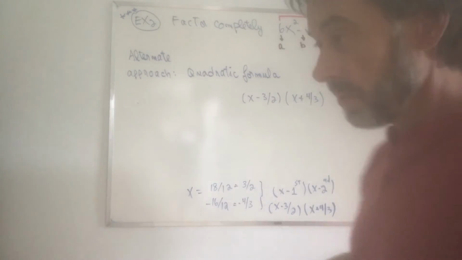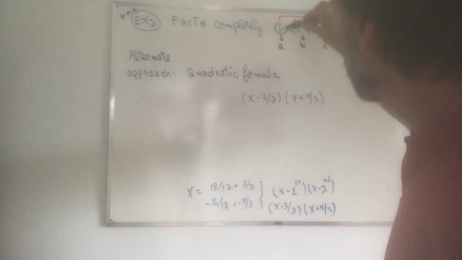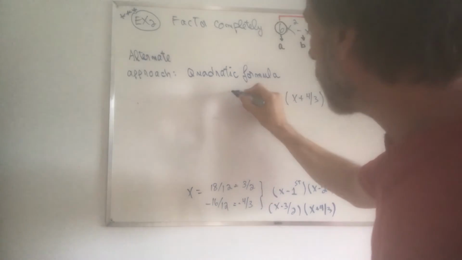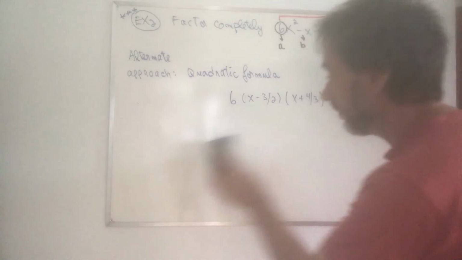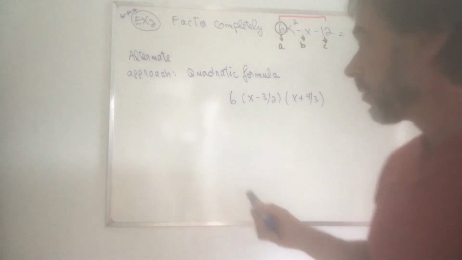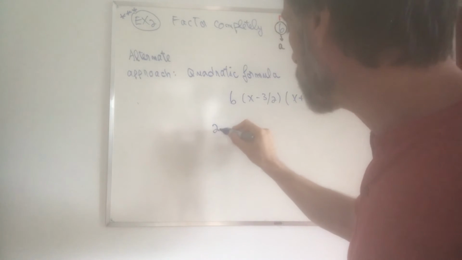And then I'm going to keep in mind that this coefficient has to be present in the final answer. Otherwise, this is never equal to that. But it will be exactly equal to that should I put a 6 right here. Absolutely. Now, I'm going to prove to you that this is the same answer as the one we had before. Why? Well, 6 is 2 times 3, yes?